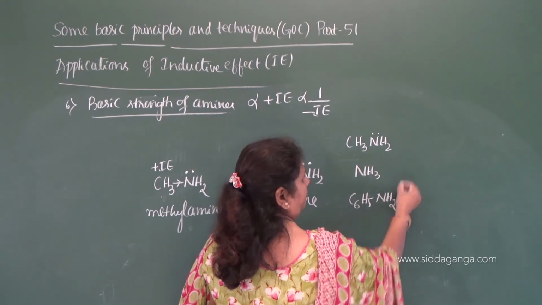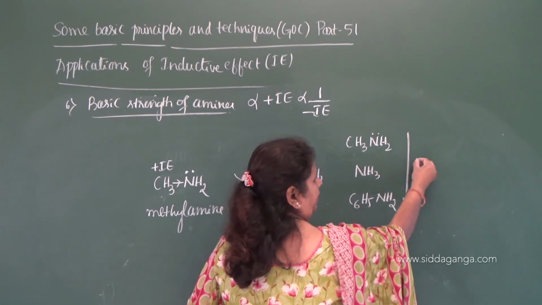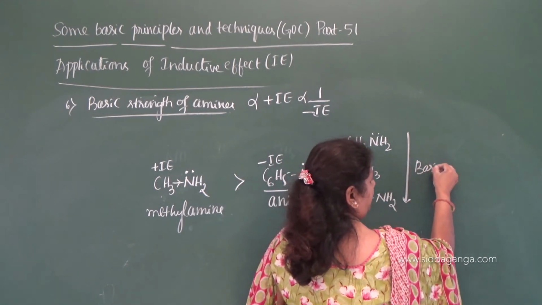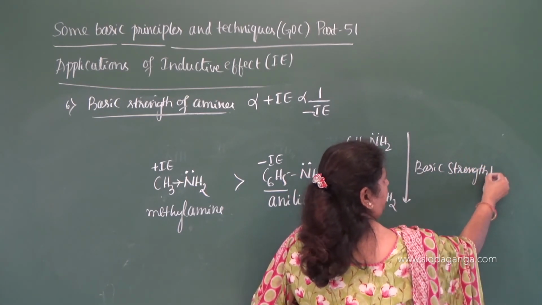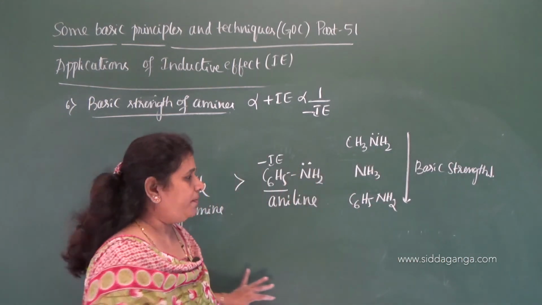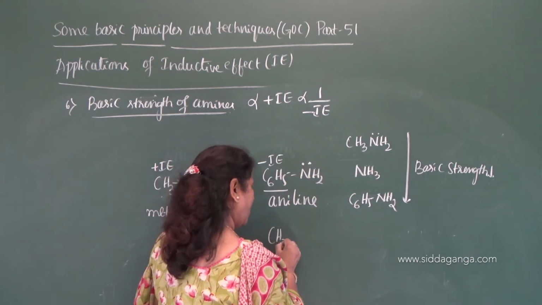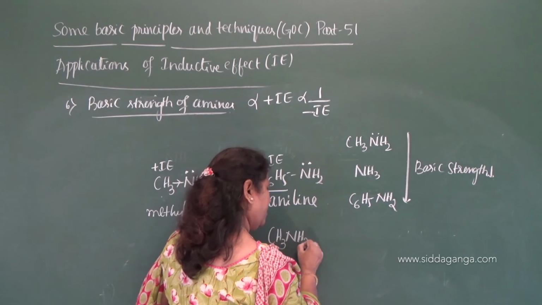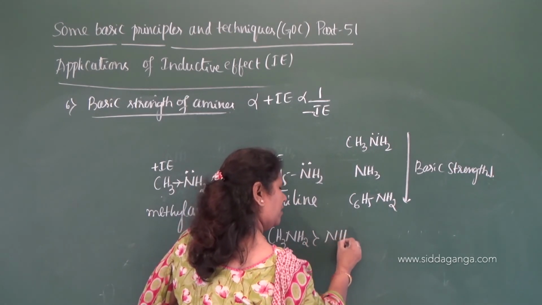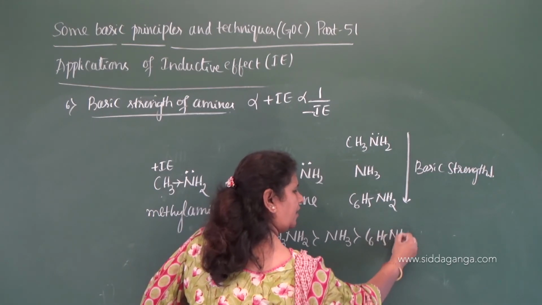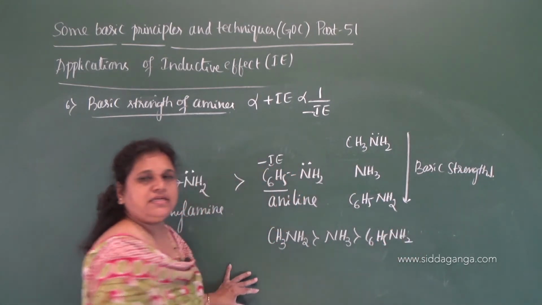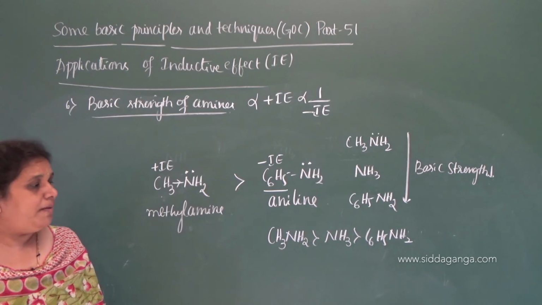So from here to here, basic strength decreases. This is the decreasing order of the basic strength.